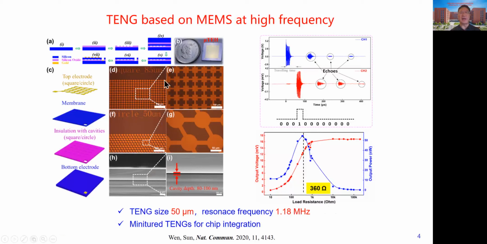For example, using MEMS-based devices, we can run this TENG at a frequency up to 1.18 megahertz, which is high enough to give electromagnetic radiation due to media motions. So the media do have a motion which gives you an electromagnetic leakage current as well as the displacement current in space.